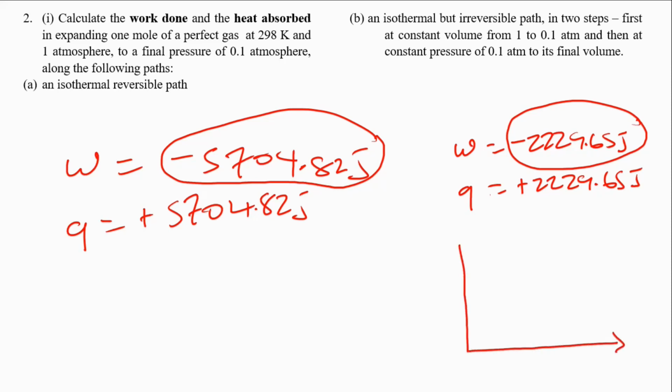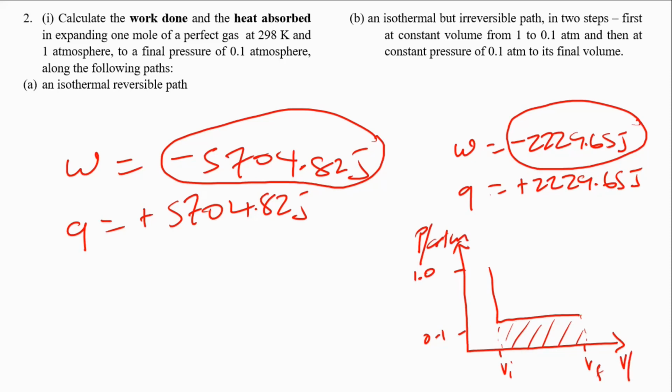Look, when we sketched the PV curve for the irreversible, we got something like this, changing from 1 to 0.1, yeah? Okay, and V initial, V final. And we said that, look, the area under the curve, the area beneath the curve tells us the level of work that can be done. All right, so that's what we came up with.